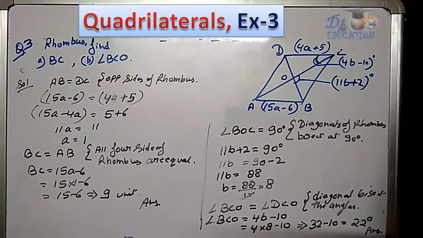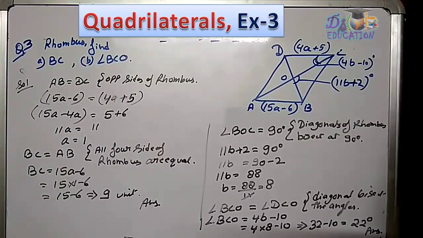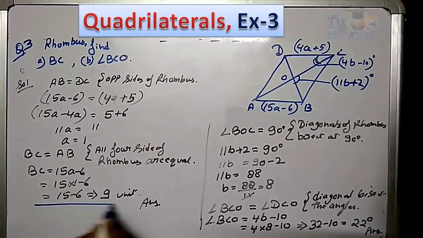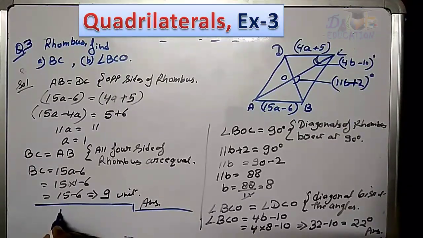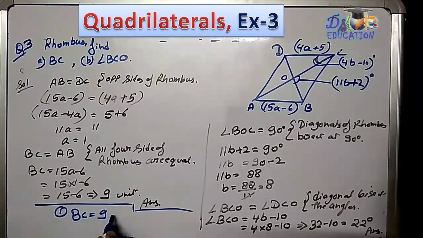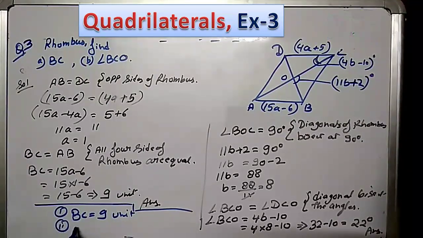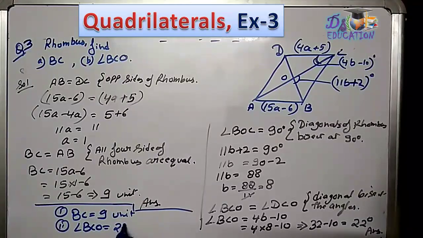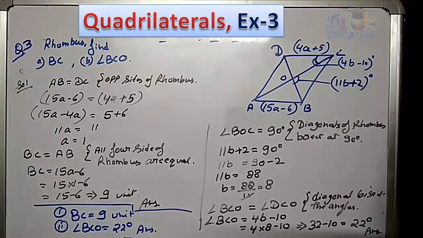This is your answer. So if I write both the things together, first one was BC is equal to 9 unit, and second was angle BCO is equal to 22 degree. These are your answers.